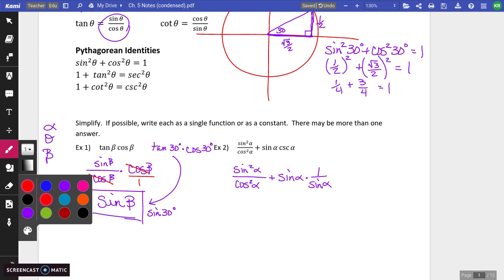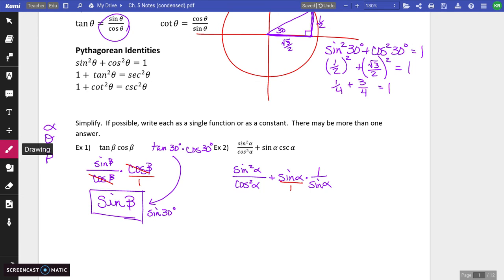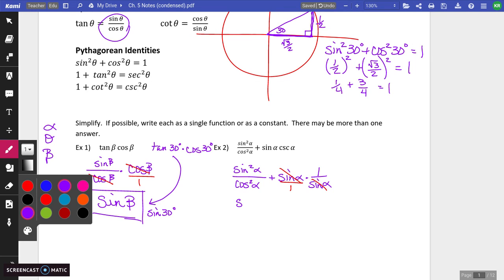Okay, again, think about your fractions. This can be written as sine over 1. So then I have a sine on top, sine on bottom. That would reduce. Okay, so I now have sine squared alpha divided by cosine squared alpha plus 1.